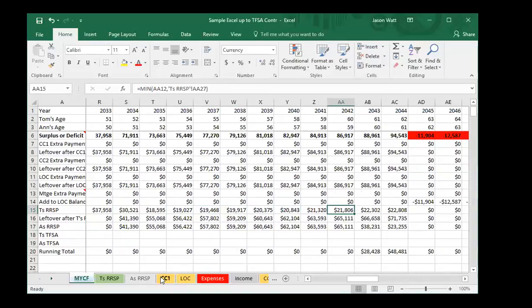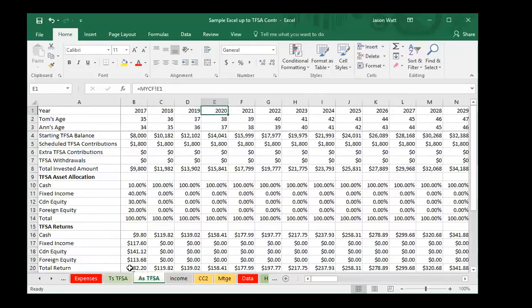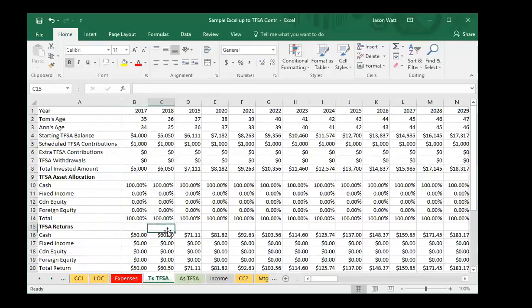So what I might want to do, going back to my TFSAs now, is something like this. Again, this is maybe a little bit fancier than what you want. I don't know how much you want to do this kind of thing, but that scheduled TFSA contribution, we know that the last debt we're going to pay off is the line of credit. So I might want to set this to $1,000.